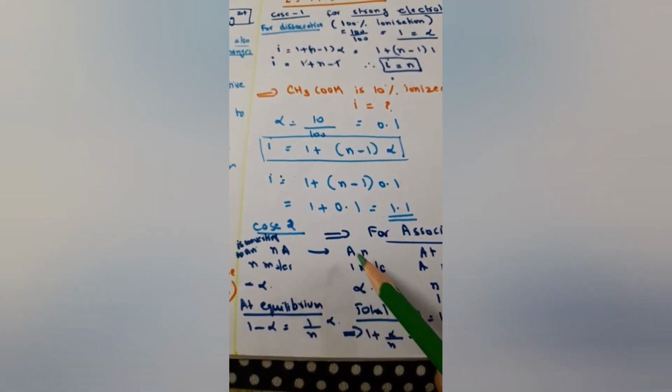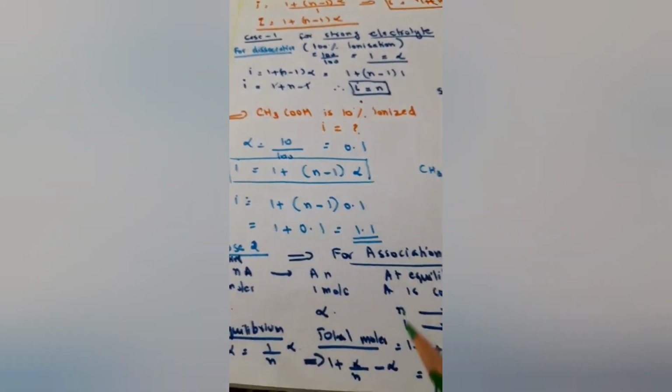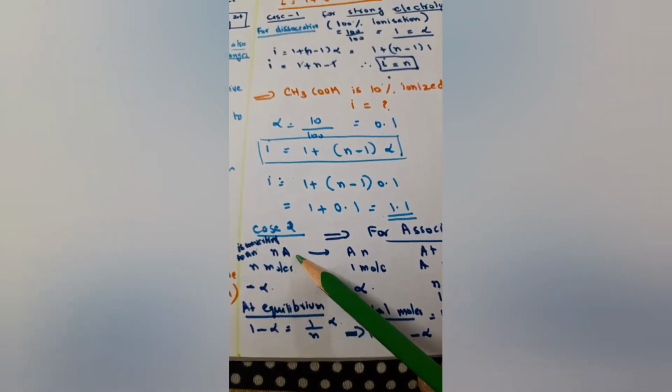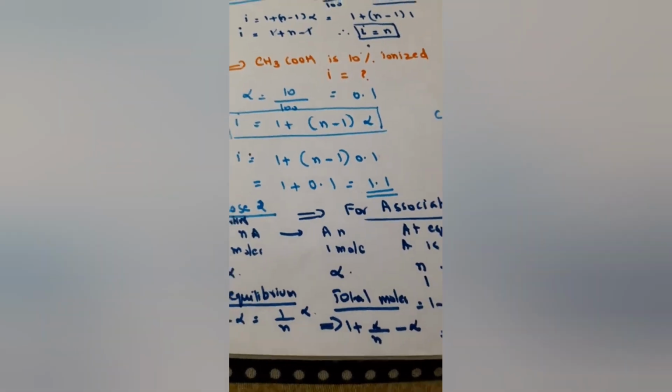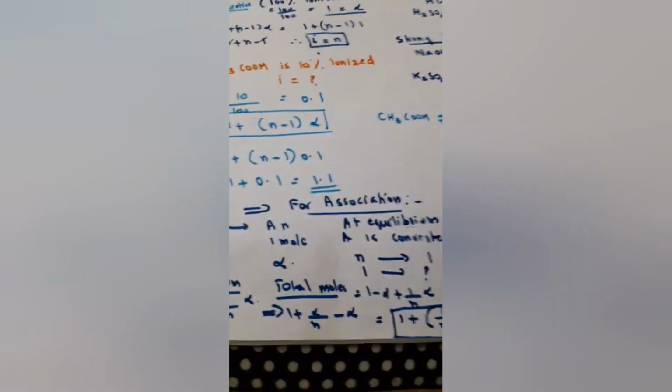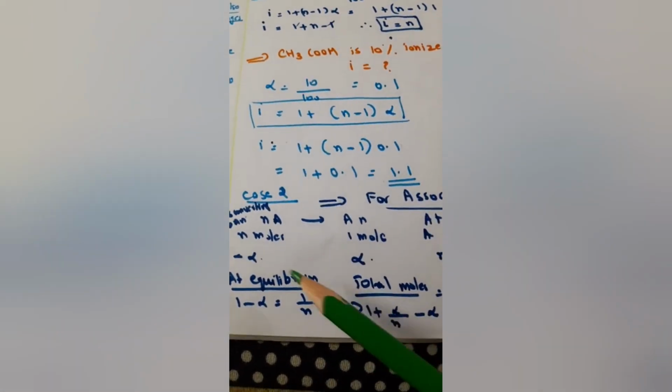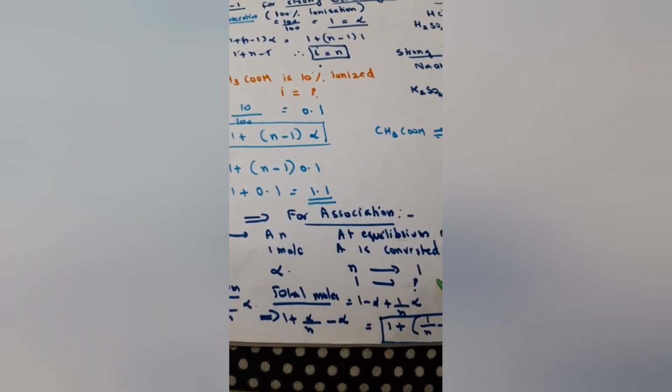Now for case 2, this was for dissociation, and now for association. See, n moles of A give rise to 1 mole of An. So what happens at equilibrium? Some moles of A will be converted to An. At equilibrium, we have 1 minus alpha. Now from n moles we get 1 mole, so from 1 mole how much do you get?